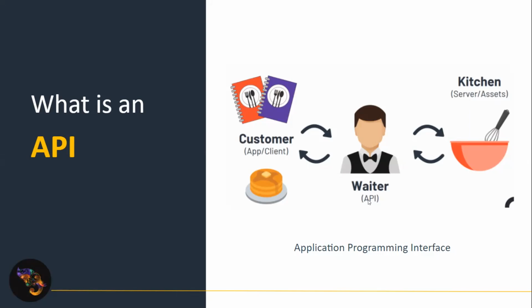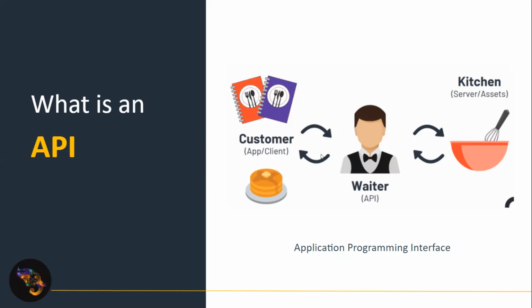Relate it to the API. The API's role between two systems is the waiter's role, right? You can map it exactly. The waiter takes my request, goes to the kitchen and submits it. People in the kitchen may do some activities to prepare my meal, and through the waiter it is sent to the customer. What an API does is the exact same thing.